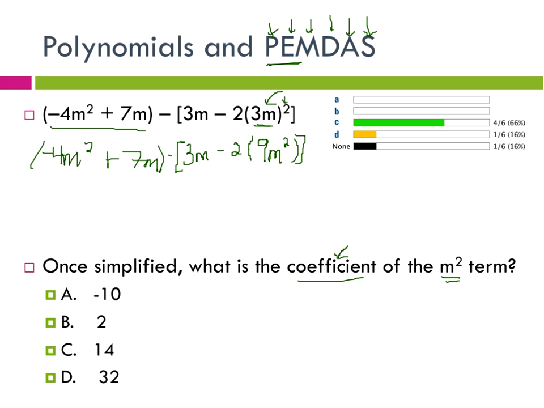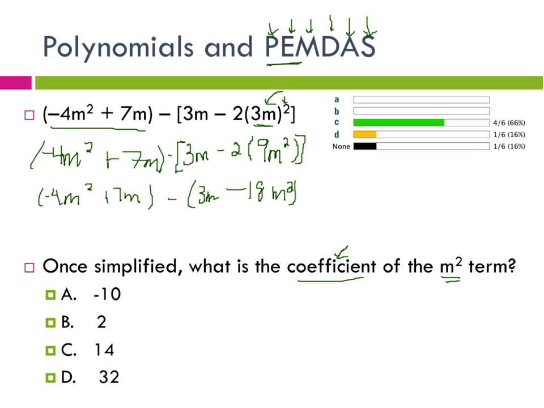And now I can see 2 times 9m squared would give me a negative 18m squared. And I'm now going to be subtracting a negative 4m squared plus 7m.